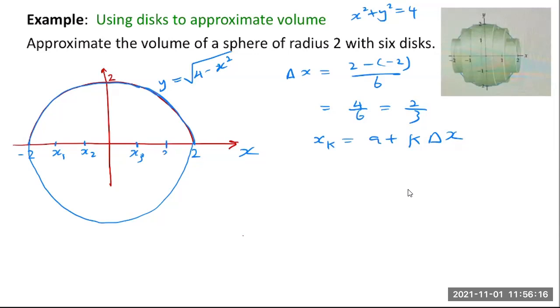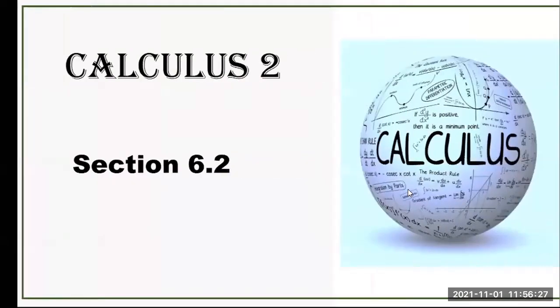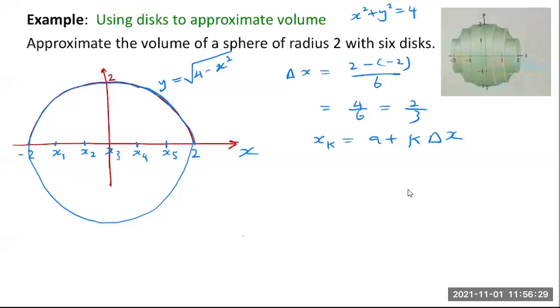Pardon me, x3 should be this one. x3 is right here. Then x4, x5, and of course this is x6. Okay, this is x0, of course. All right, now I can find each of these points.